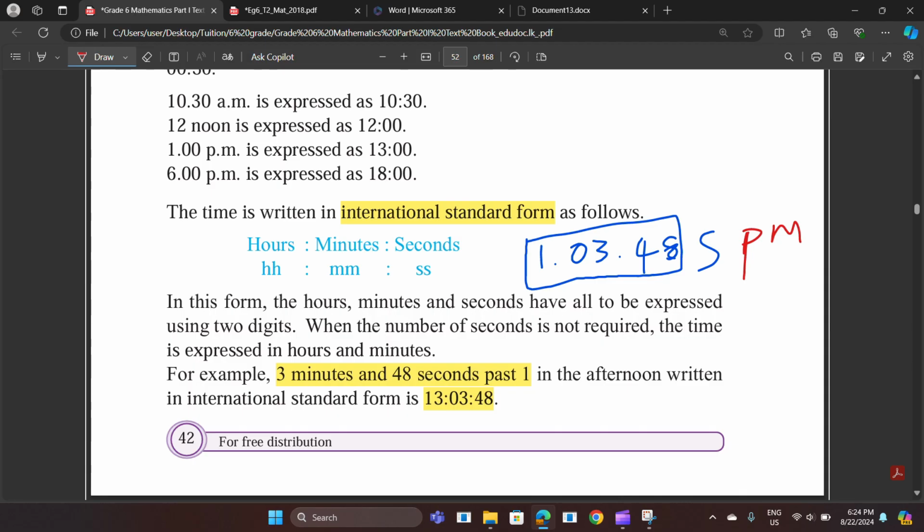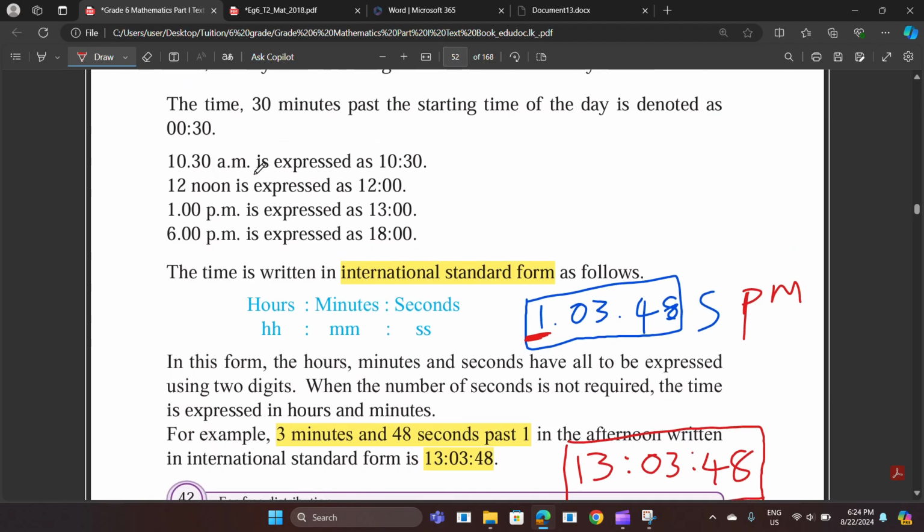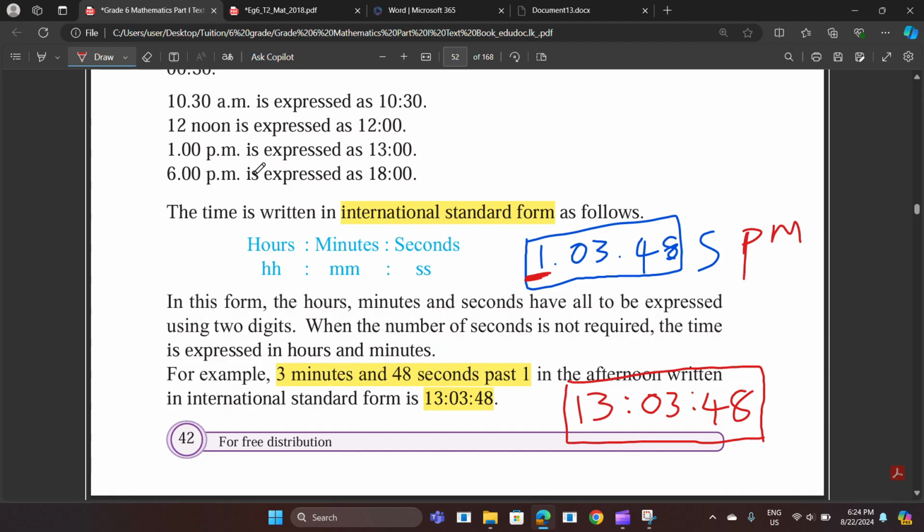Because of that, we have to convert this to 13:03:48. Likewise, we are representing 3 minutes and 48 seconds past 1 in the afternoon. Is it clear? This is how we represent time in International Standard Form. Okay.